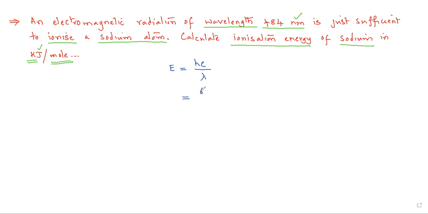What is h here? 6.625 into 10 power minus 34 joule second. Velocity of light, 3 into 10 power 8. Then the wavelength, 484 nanometers, that is 10 power minus 9 meters.